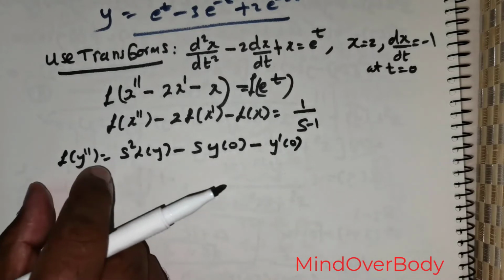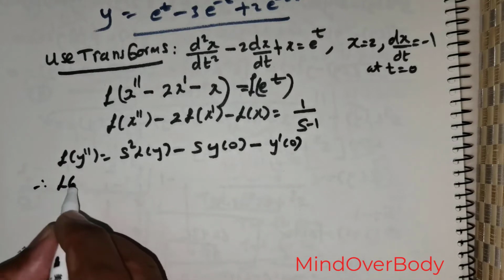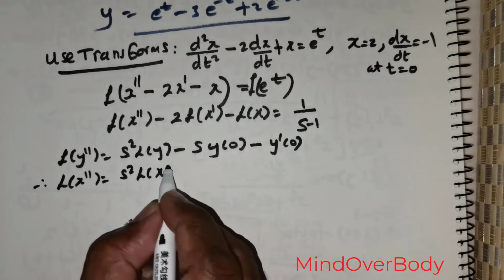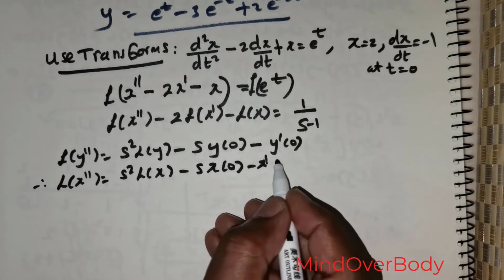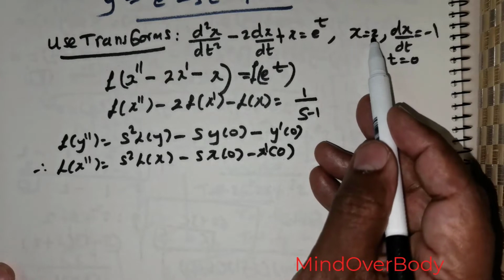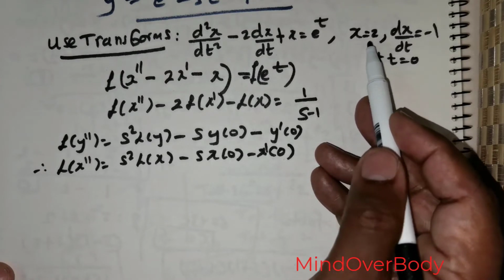Now we will have to convert this for L of x double dash. So therefore L of x double dash will be s squared L of x negative s times x of 0 negative x dash of 0. Now if you were to see here x is equal to 2, that means at t is equal to 0, the value of x is given to be as 2.